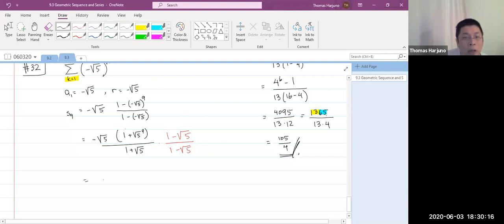So I get at the bottom 1 minus 5. And on the top I get negative radical 5 times 1 minus radical 5 times 1 plus radical 5 to the 4th.